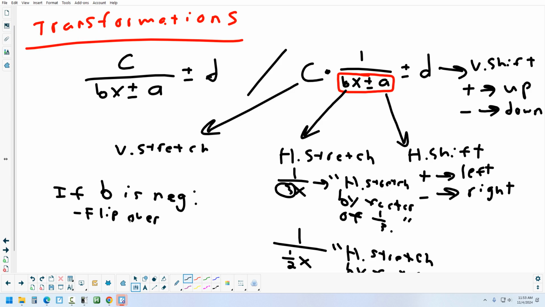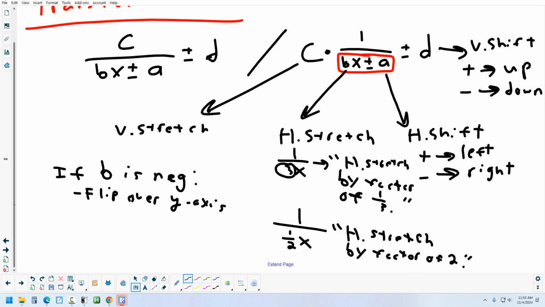It's a horizontal reflection, which is over the y-axis. Because B is a horizontal reflection, because it's with the horizontal stuff. How about if C is negative? That's a vertical reflection, and when you reflect something up to down, that's over the x-axis.